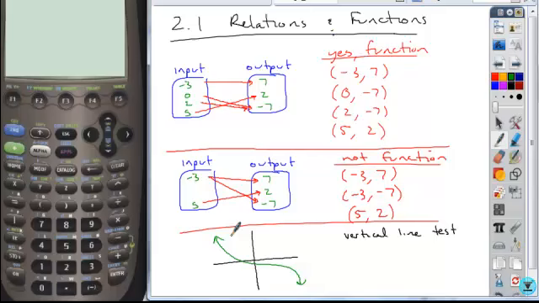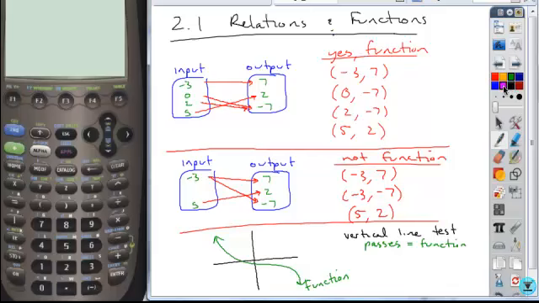So would this green graph pass the vertical line test? Is there any place where a vertical line would pass through this graph in more than one place? No. Therefore, it passes the vertical line test, which means it is a function. So if it passes, it equals a function.